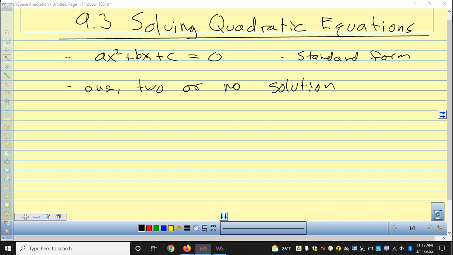Today we're going to solve this quadratic equation in two different ways. We're going to graph the related function to solve the equation, and we're going to talk about solving by taking square roots. So our solutions are the x-intercepts of the graph.